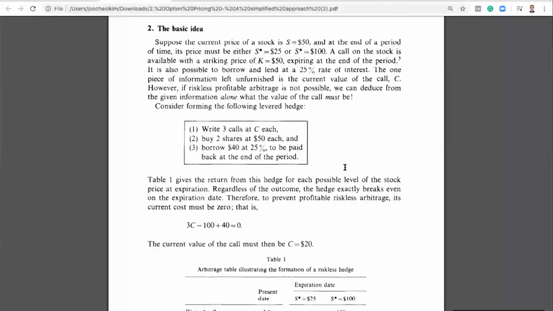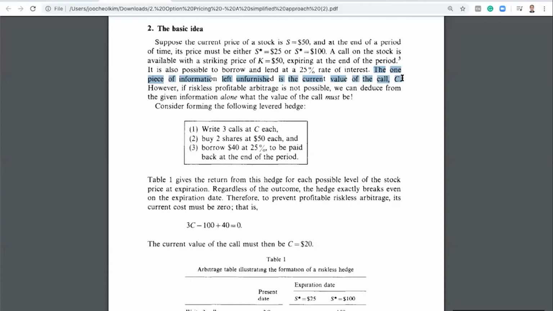So let's just follow their explanation. Okay, so it is also possible to borrow and lend. The only piece of information left unfurnished is the current value of the call C. So we know all the other 8 numbers, altogether 9 numbers.